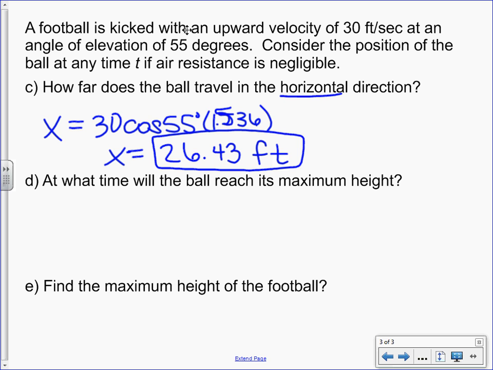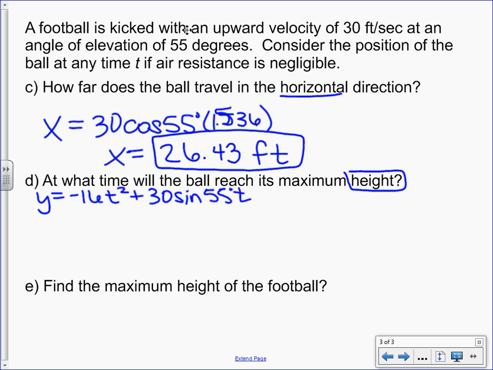So basically, this is asking at what time is the ball at the vertex. Okay, so we're talking about height. So I'm going to rewrite our y equation here. Y equals -16 t squared plus 30 sine 55.